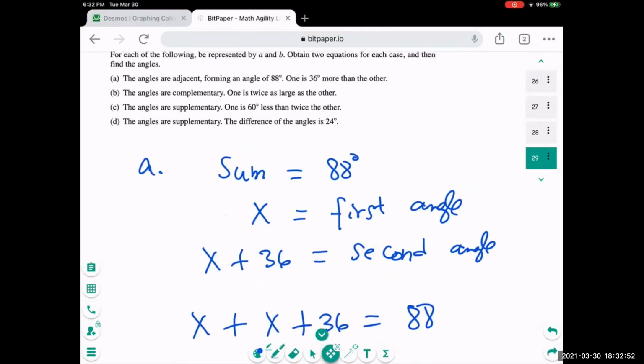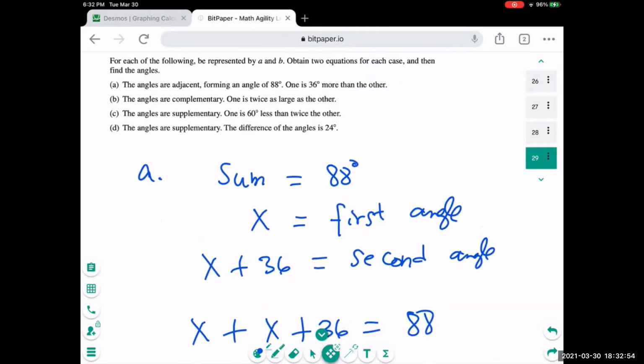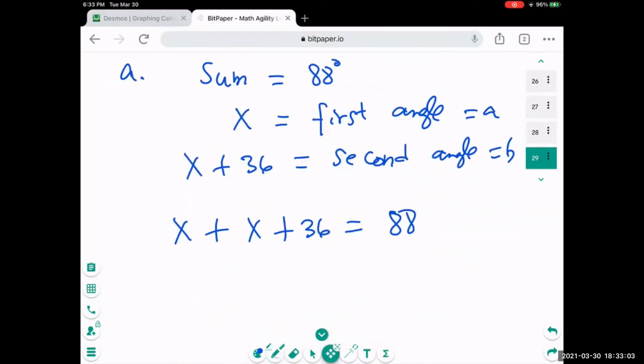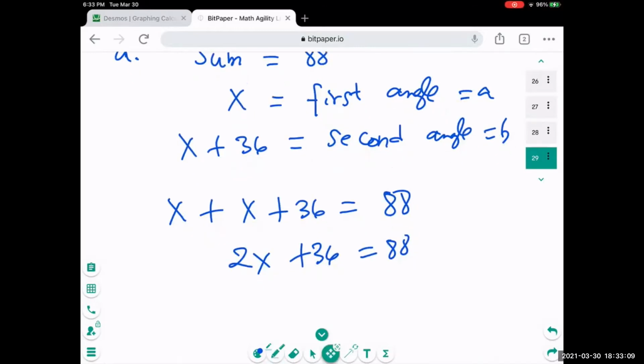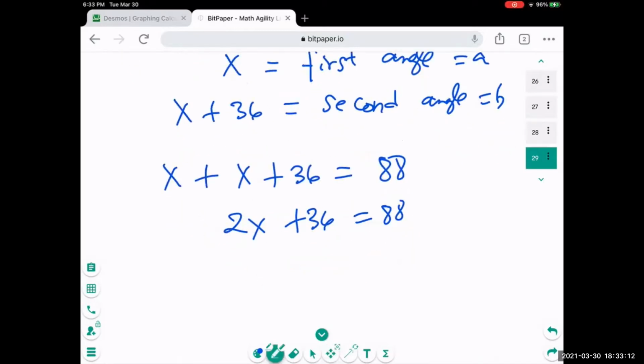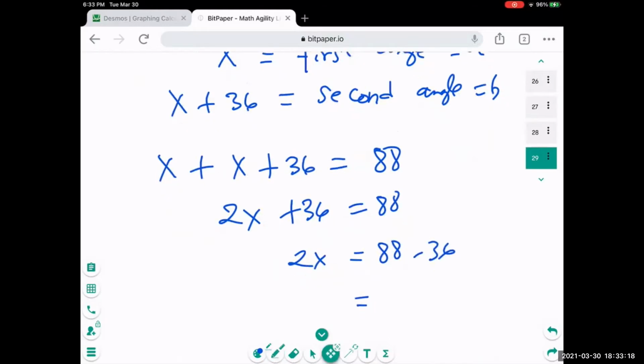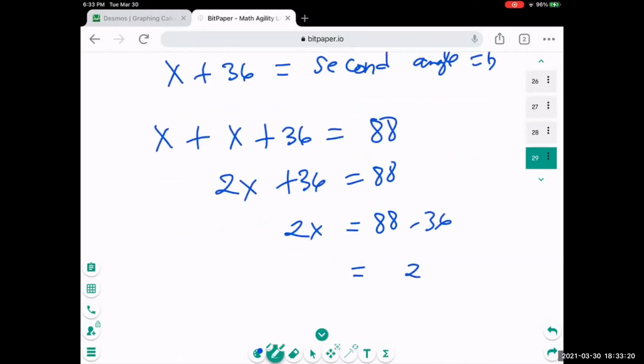Okay, so let's say the first angle is A and this is B. So this would be 2x plus 36 equals 88. And then let's move 36 to the right side or transpose it. So 2x equals 88 minus 36, which is 52.